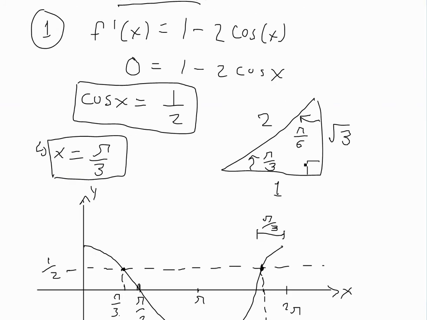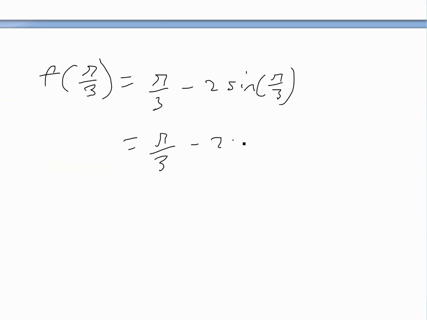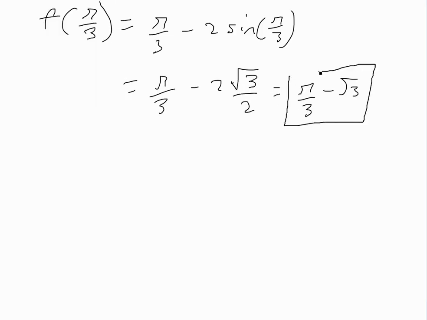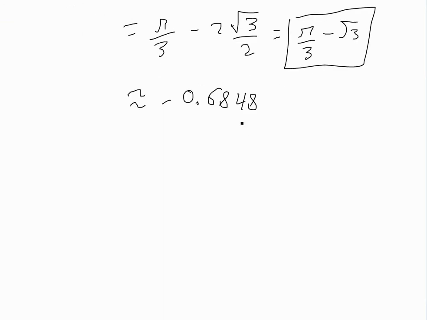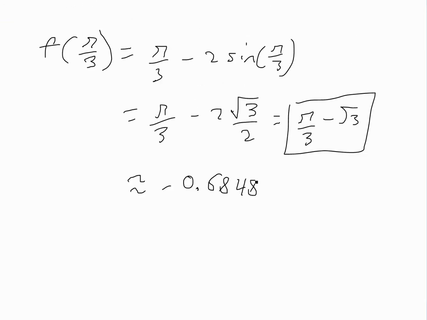If we go back up to here, the sine of pi over 3 is opposite over hypotenuse, so square root of 3 over 2. So this equals pi over 3 minus square root of 3. And if you plug this into the calculator, you get about negative 0.648.